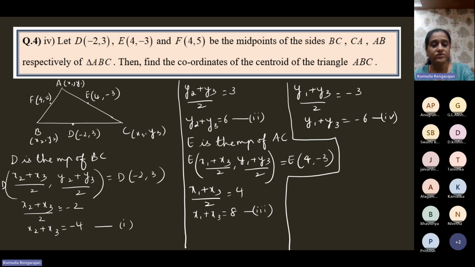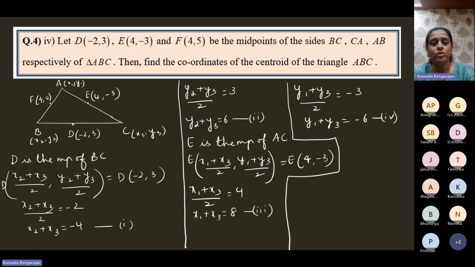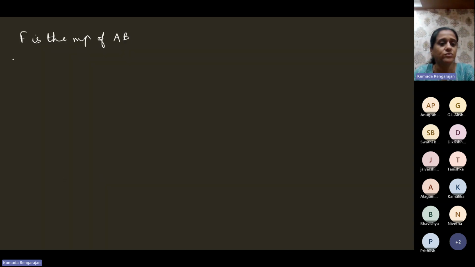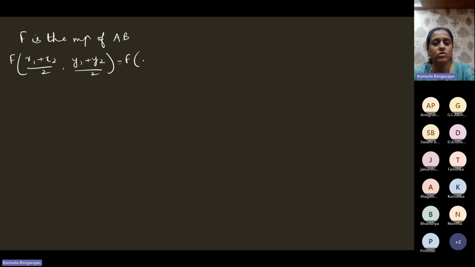Next, F is the midpoint of AB. So the coordinates of F, (X1 plus X2) by 2, comma, (Y1 plus Y2) by 2 is equal to (4, 5).